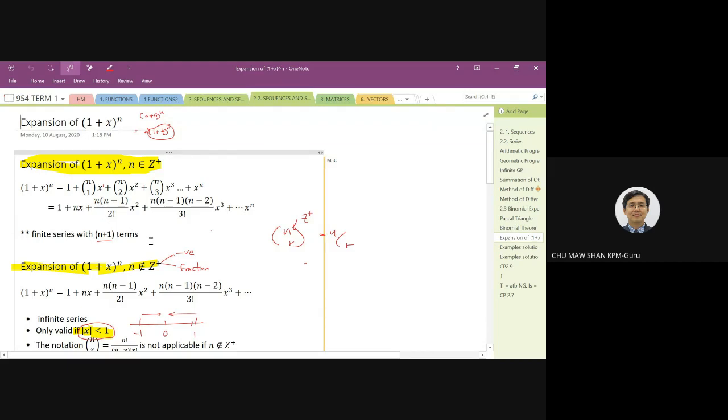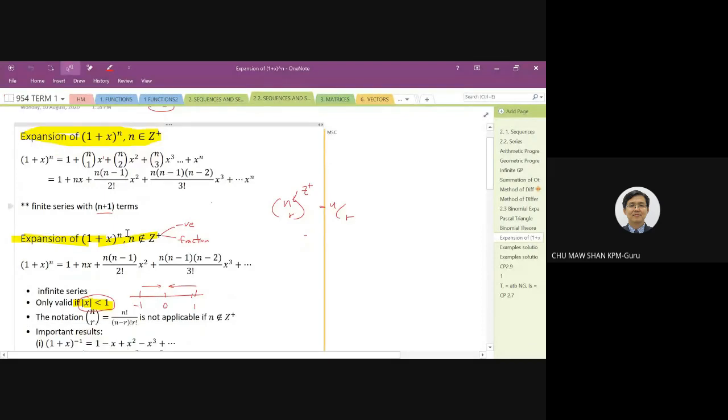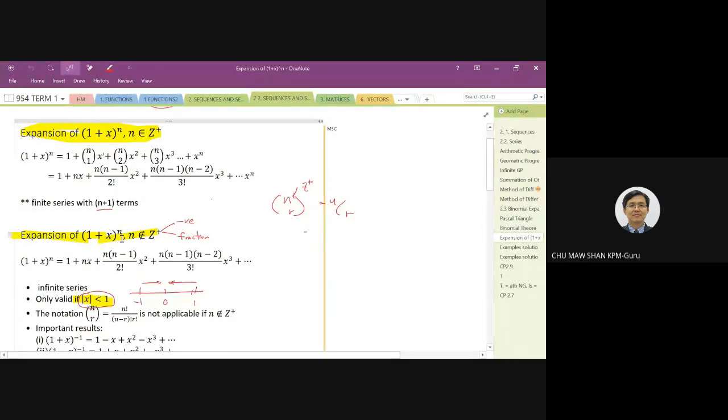Maksudnya dia punya number of terms just n plus 1. Kan? Tetapi kalau expansion itu, sekarang dia punya n ini is not an integer positive. It can be negative. Negative integer boleh di sini. Atau dia ialah fraction, positive or negative fraction. Baru dia jadi infinite series. Kan?